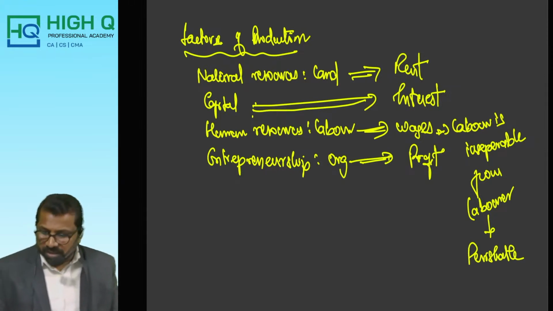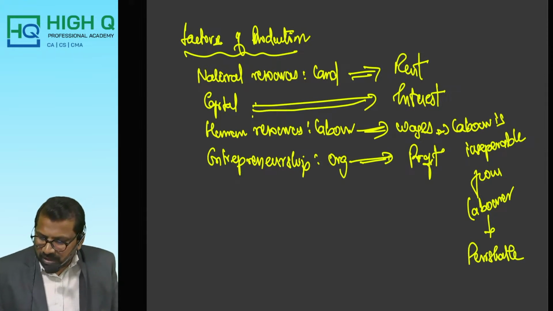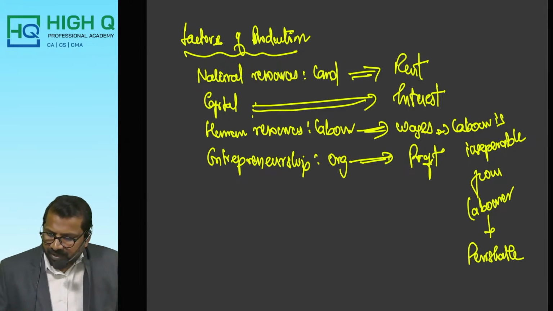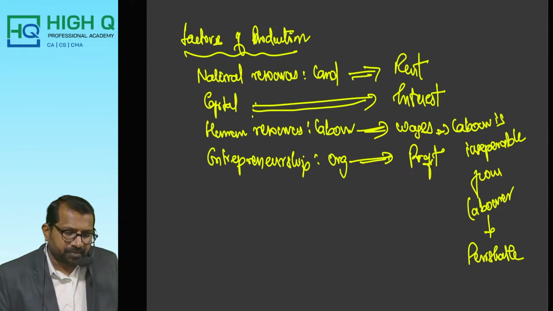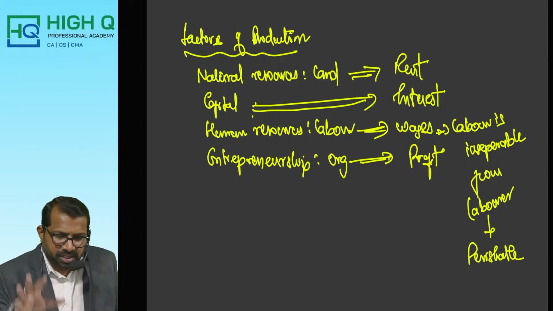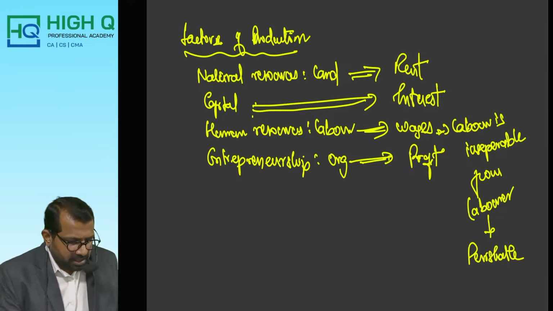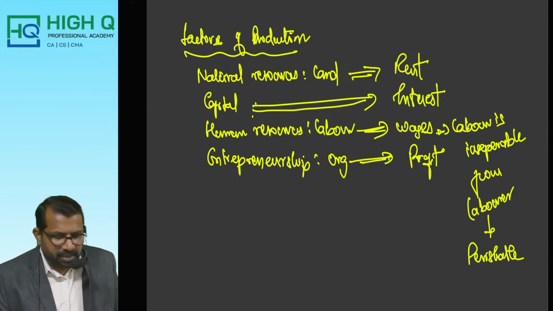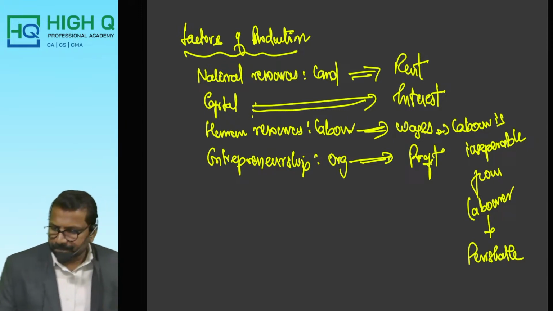Now what is the meaning of labor is perishable? Once the day ends, we cannot recover the labor lost for that specific day. Once he has been allocated an amount of work, in case he has not returned to do the work on that specific day, he has lost the work. In such cases, we call it labor is perishable.